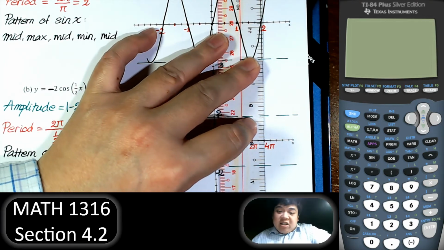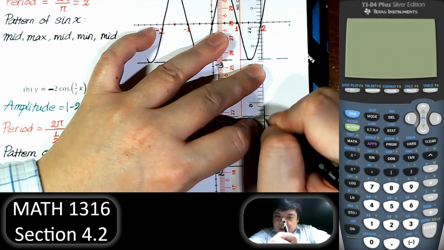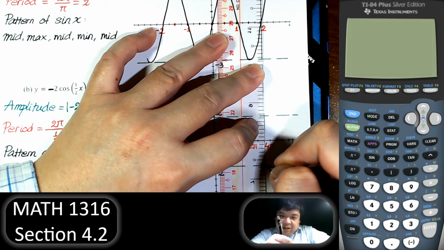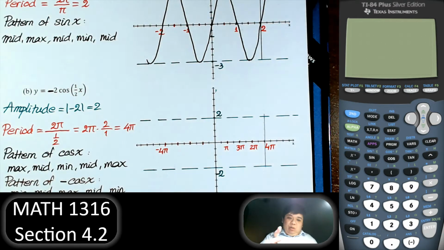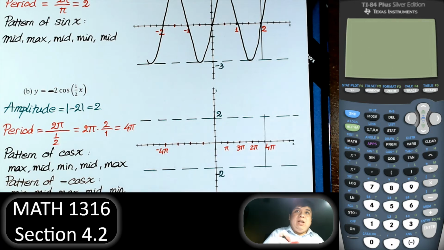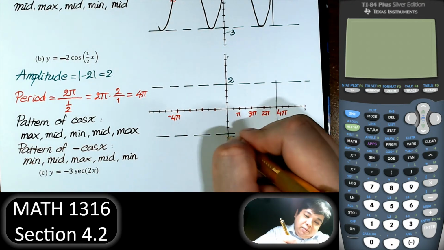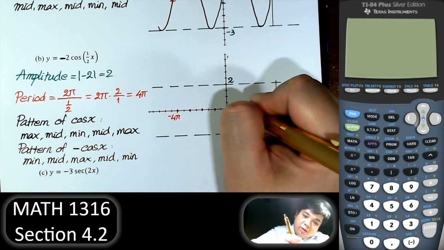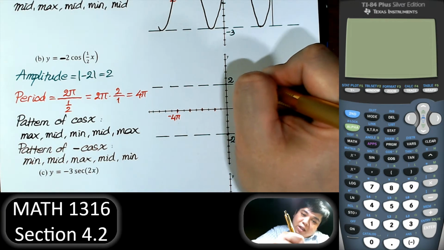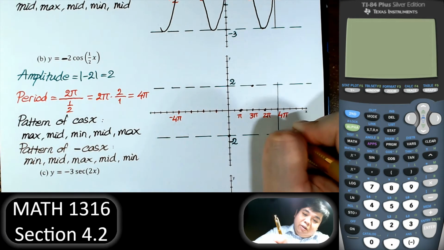Right. The next section will be a little more complicated when we have the phase shift. But for now, we just start from 0 and go 1 period. The pattern is minimum, middle, maximum, middle, minimum.